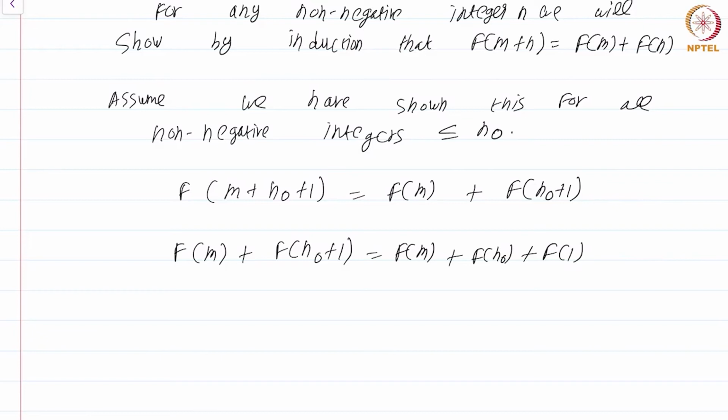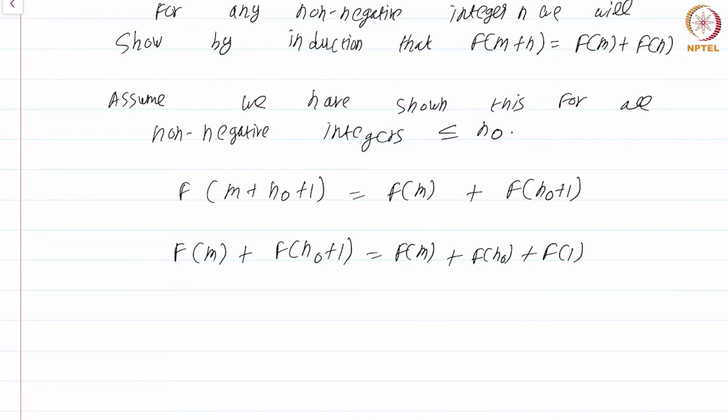This is true because f of n naught plus 1 is just f of n naught plus f of 1. Sorry, this is not the inductive hypothesis. This comes from the fact that whenever you have one of the quantities to be 1 or 0, then the algebraic operations are respected.